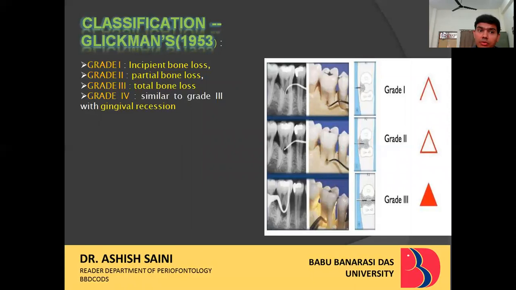It is a dome-shaped pattern of bone loss, but the penetration of the probe is not through and through. And in grade 3 bone loss, there is total bone loss at the crotch of the furcation area, but it is not exposed. You cannot see it clinically because soft tissue fills this crotch of the furcation area. Grade 4 is similar to grade 3, but due to gingival recession, the crotch of furcation is visible clinically.